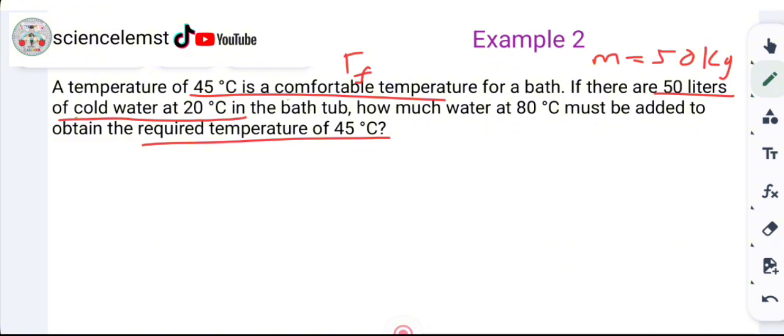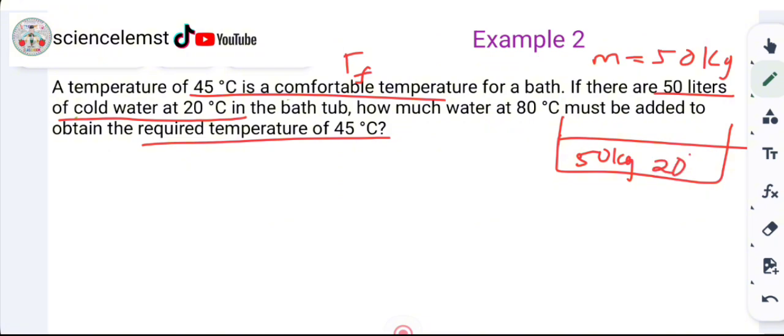So if I have a bath, inside this bath, I'm going to have 50 kilograms of water at an initial temperature of 20 degrees. Then on it, I am going to add a certain amount, I do not know how much, of hot water, and this hot water is going to be at 80 degrees.